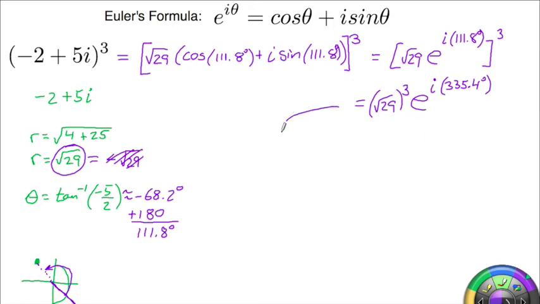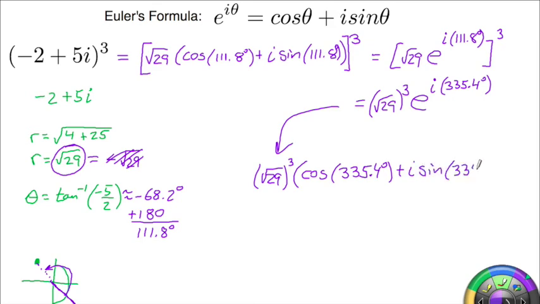So this is going to become the square root of 29 raised to the third power. I can look it up on my calculator, but not in the mood. This will be cosine of the angle plus i sine of the angle. And then I can figure out what this is equal to.